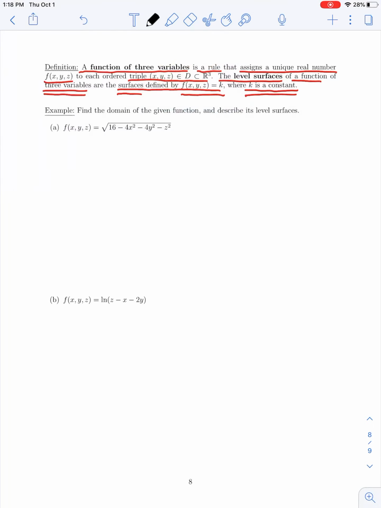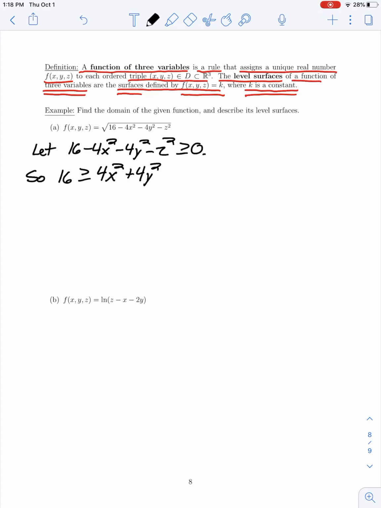And in order for this function to be defined as a real number, we need the expression under the radical to be non-negative. Now, solving this inequality, we have 16 has to be greater than or equal to 4x squared plus 4y squared plus z squared.